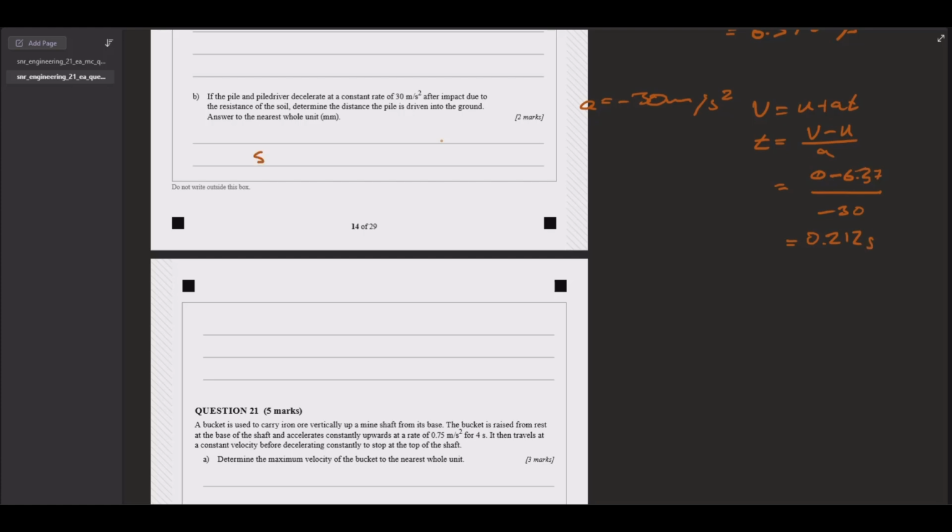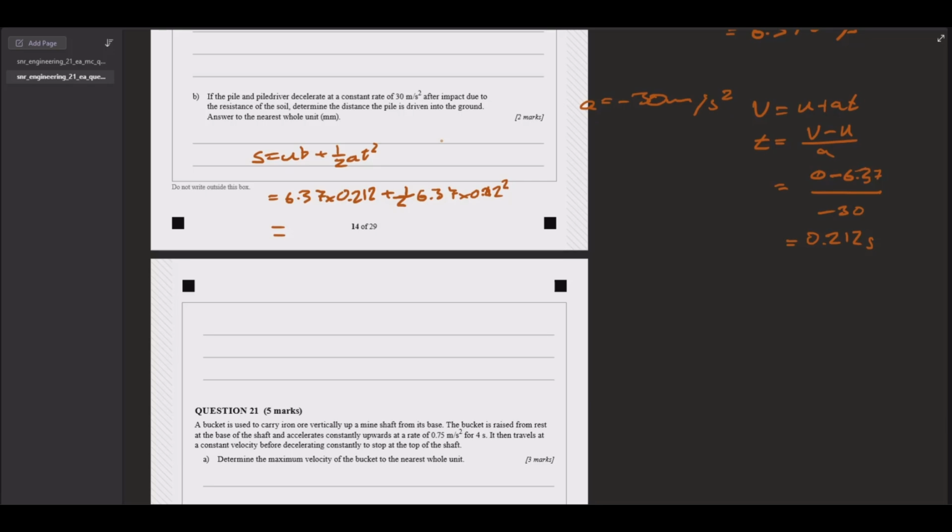Let's move over to this side and check into that. And that is initial velocity 6.37 times 0.212 plus a half of 6.37 times 0.212 squared. And that is going to be... and I messed up.